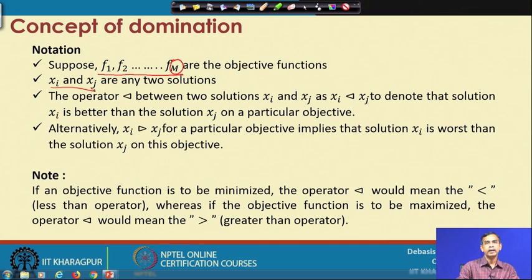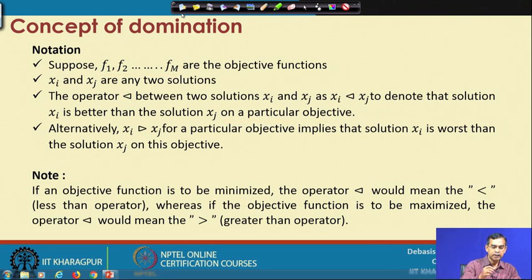We can define a symbol, an operator between two solutions, to denote that xi dominates xj, that is, solution xi is better than solution xj with respect to one particular objective. Similarly, we can denote that xj dominates xi.